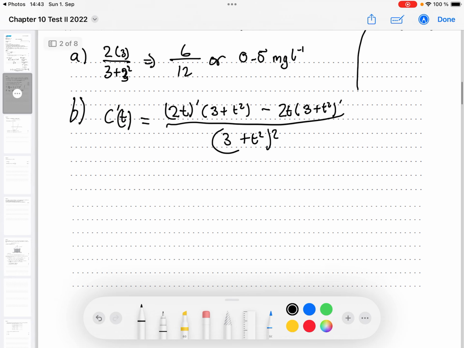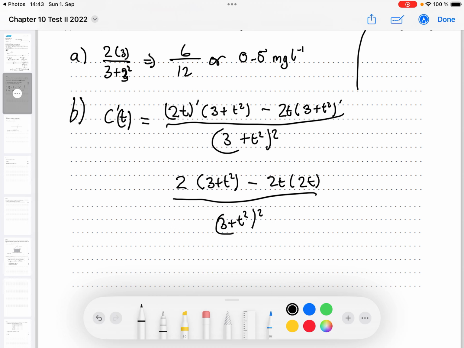Now we just have to try and do this. So the derivative of 2t is 2 times 3 plus t squared minus 2t, and the derivative of 3 plus t squared is 2t, all divided by (3 plus t squared) whole squared.